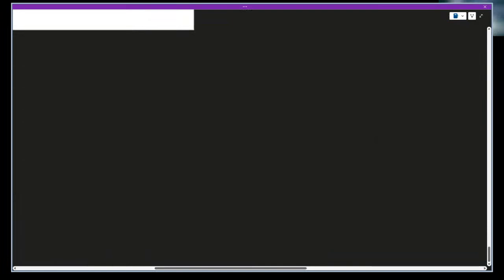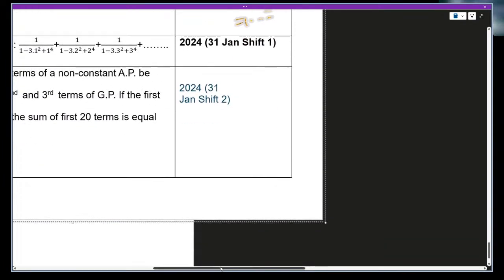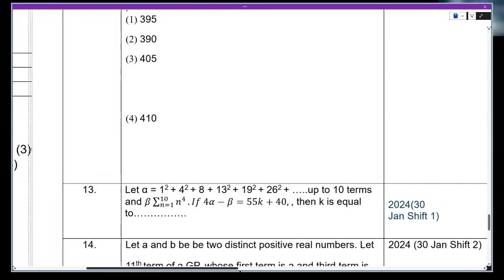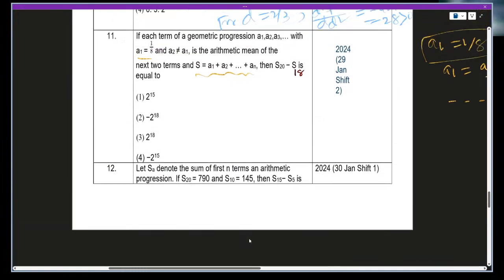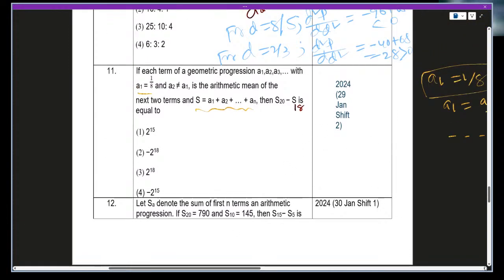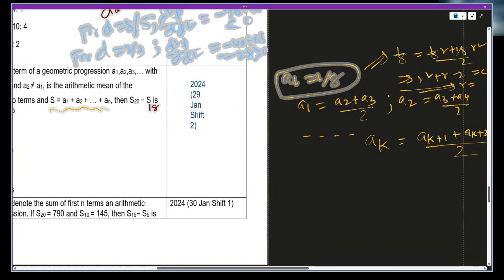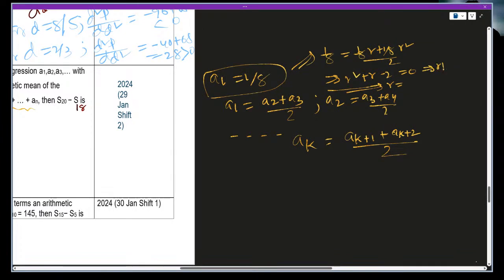Just do the factorization. So R is minus 2 and 1.